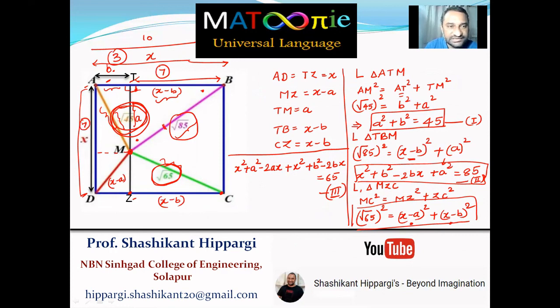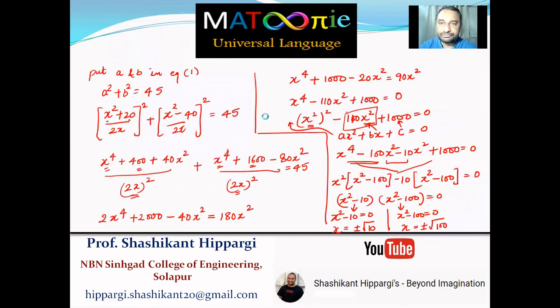Sorry, if this is 6, then the remaining must be equal to 4. So on one side we are having 6 plus 4 and the other side we are having 3 plus 7. In both the cases it should be equal to 10 itself. So with this we have solved today's question.